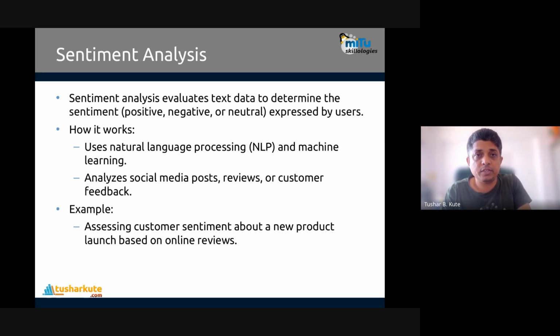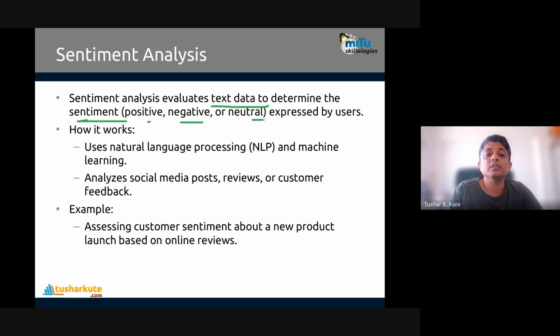Time series analysis. Next is sentiment analysis. Yes, it's a task of natural language processing. Whatever we are talking, whatever we have stored, whether it is positive or negative or neutral, that can be found with the help of the sentiment analysis method. Sentiment analysis evaluates text data to determine the sentiment, whether positive, negative, or neutral.